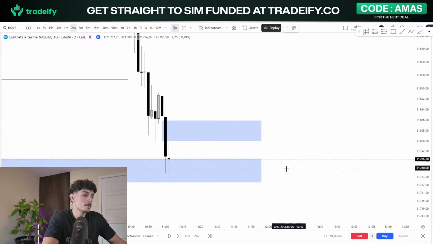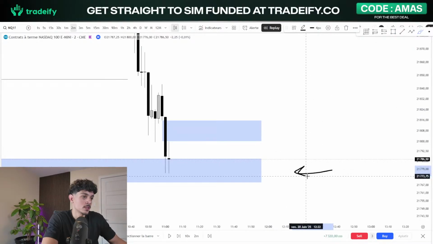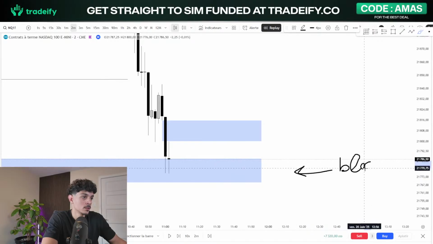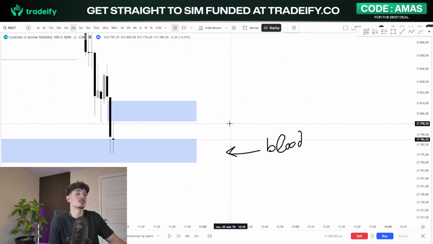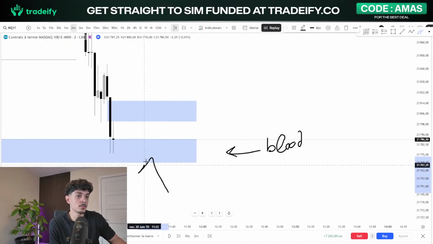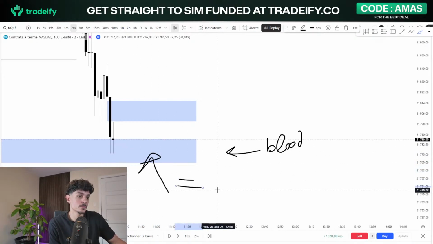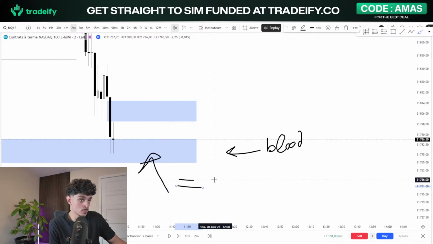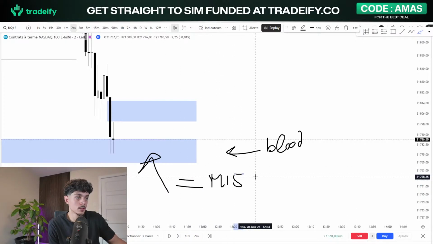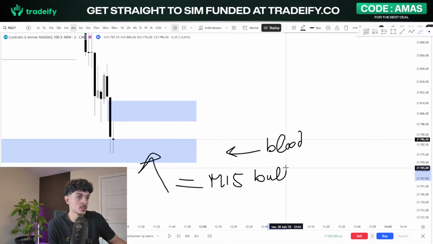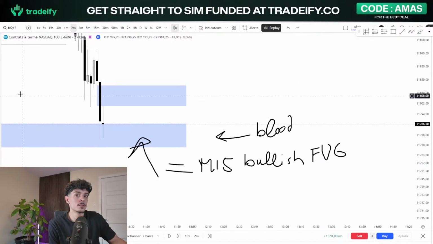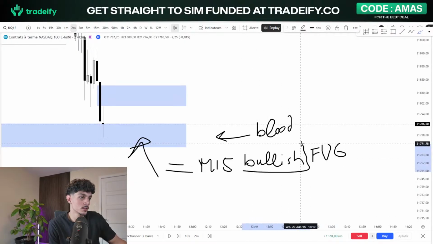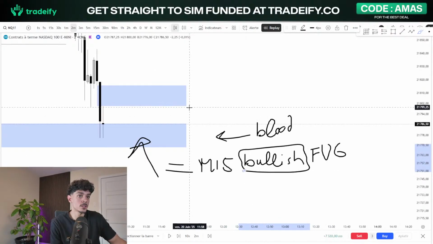So basically what the strategy is about is finding blood. Where blood is in the market, when blood is in the market, there is most likely a good trade. So right here, gap equals this bullish gap, M15 bullish FVG means you have a bullish bias on the higher time frame.